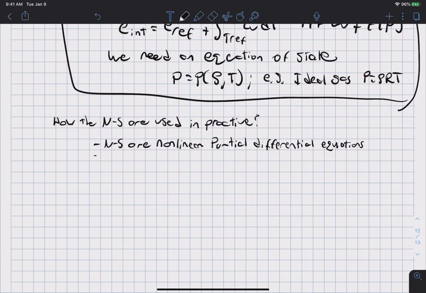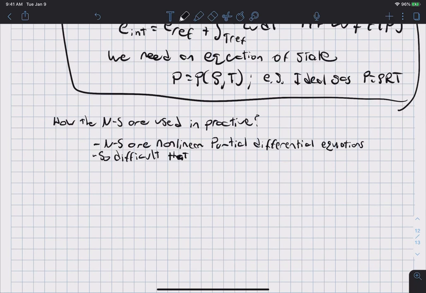In fact, they're so difficult that they're the subject of movies. For instance, there's a recent movie with Matthew McConaughey in it where an element of that movie is the fact that his sister solved an enormous challenge for the Navier-Stokes equations that is currently unsolved.